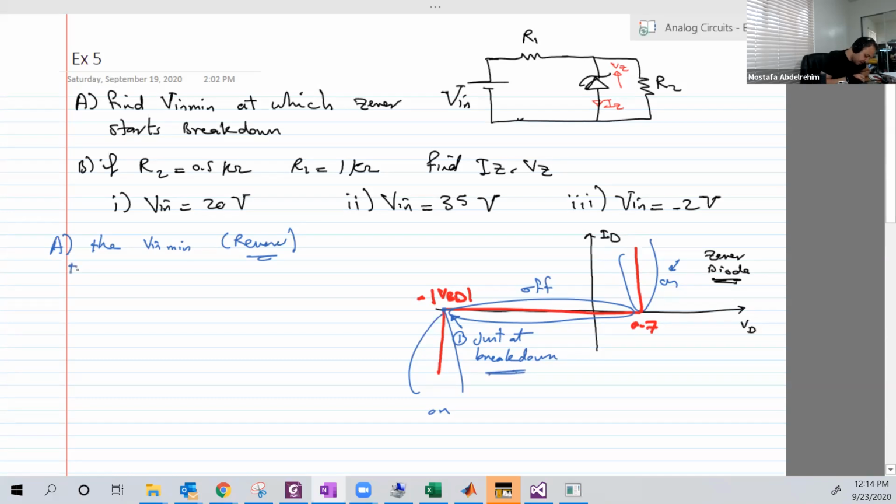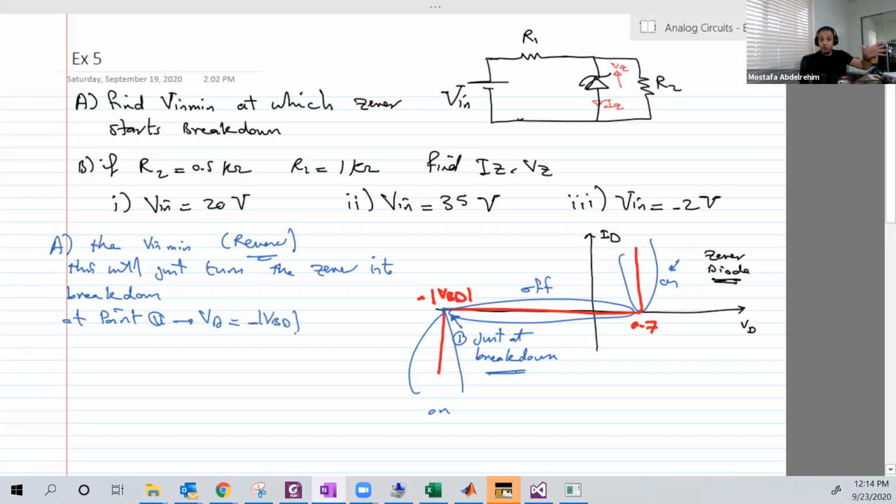So this will just turn the Zener into breakdown. At that point, at 0.1 here, VD is equal to minus V breakdown.